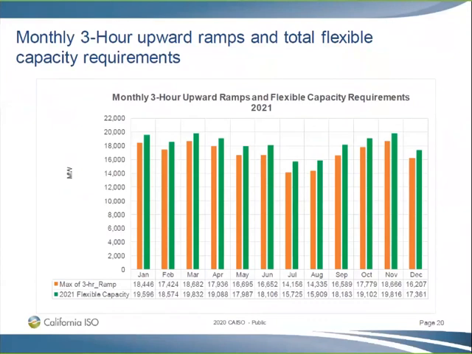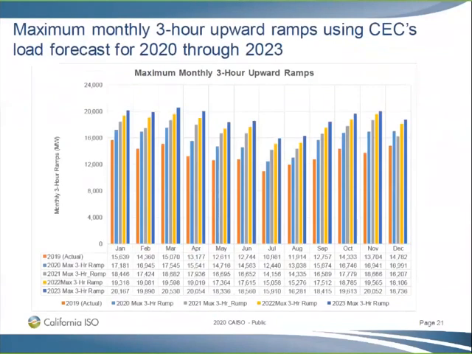So jumping down to slide 21. Slide 21 shows you now the monthly, and this is looking at everything, the monthly 3-hour ramps. We compared what we expect from 2020 through 2023. We showed the 2019 actuals, and this here is the 3-hour ramp.